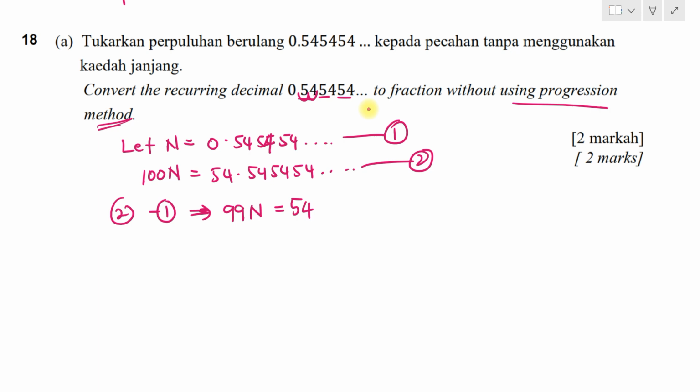So you get 54 lah. Basically this one all minus. 54 minus 0, 54. Okay. So n equal to 54 over 99, and check in your calculator whether it can be simplified or not. Yes, it can be simplified. 6 over 11. So you can press in your calculator 6 over 11, you will get this answer.